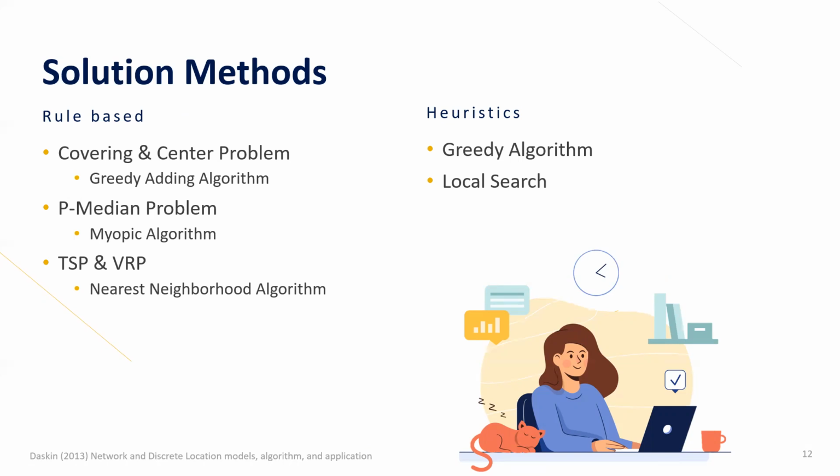Here I will give you one example in which we will solve a variant of covering problems, and we will really implement it, because rule-based is an algorithm, and the way to implement an algorithm is to code it. It's a little bit different from a mathematical model, where you need to translate it into a mathematical programming language like Lingo or AMPL or Cplex.